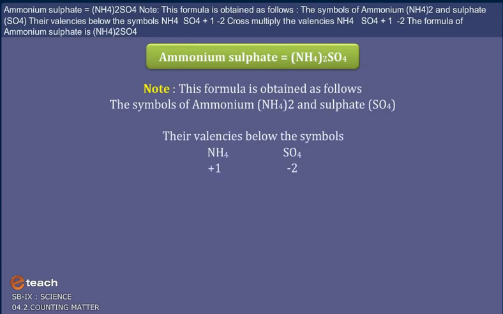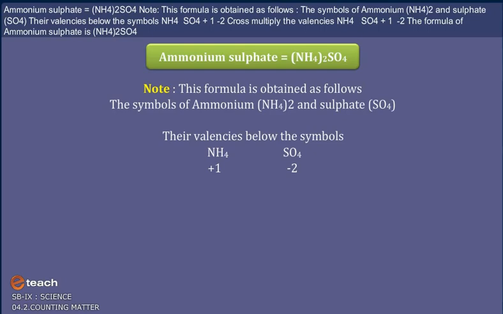Ammonium sulfate is equal to (NH4)2SO4. This formula is obtained as follows. The symbols of ammonium is NH4 and sulfate is SO4. The valencies below the symbols.